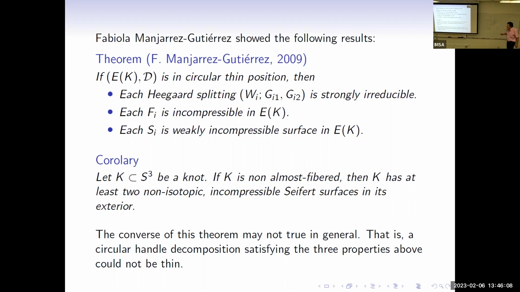So as a corollary, if a knot is not almost fiber, then it must have at least two non-isotopic incompressible surfaces in its exterior.